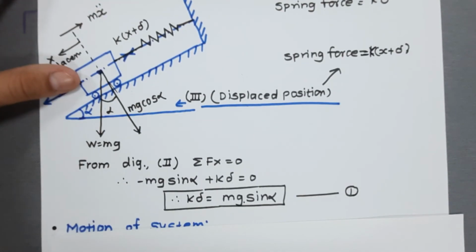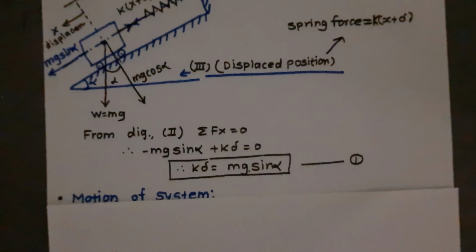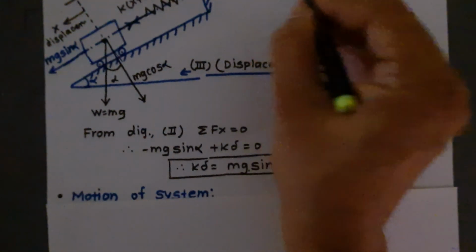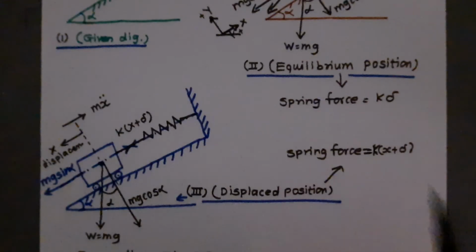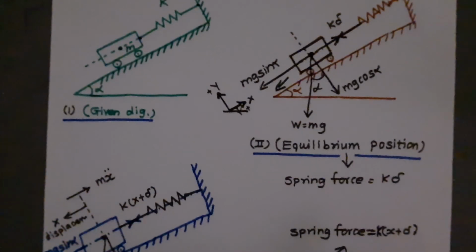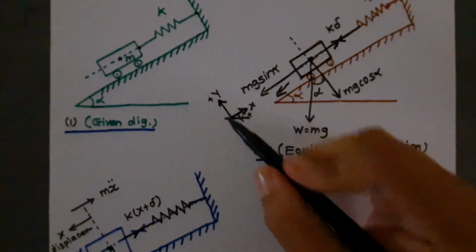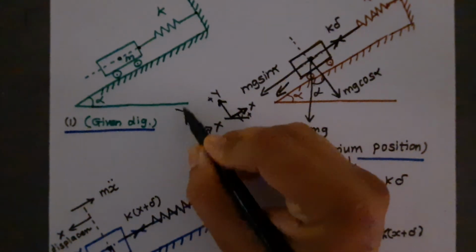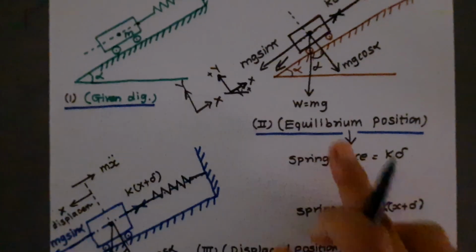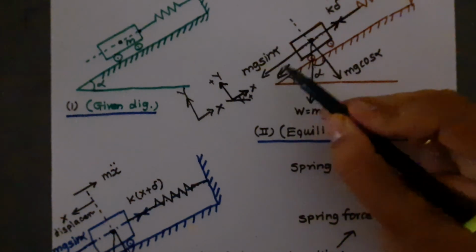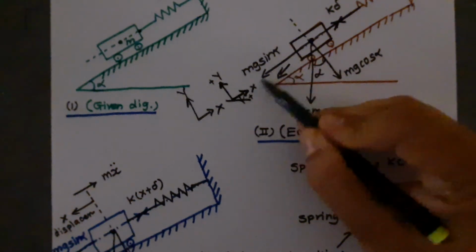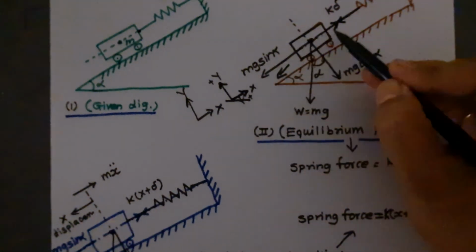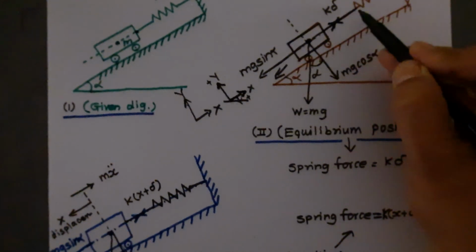Now from diagram number 2, that is the equilibrium position diagram, dear friends, observe: I again draw here x and y at the inclined position. From this diagram, this force is mg sin alpha in the left hand direction, and k delta is in the upward direction.